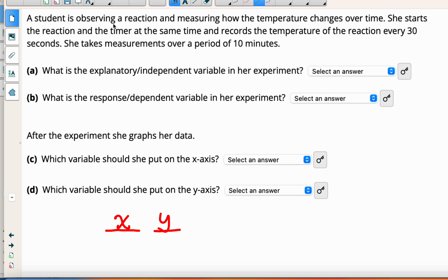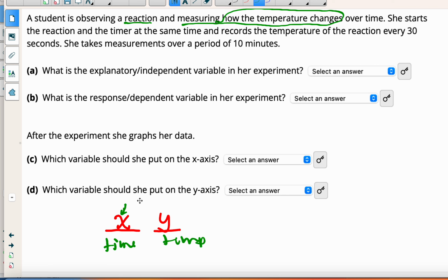All right, we have a student that's observing a reaction and then measuring how the temperature responds to that over time. She starts the reaction and the timer at the same time and records the temperature of the reaction every 30 seconds. So as time changes, what happens to the temperature?